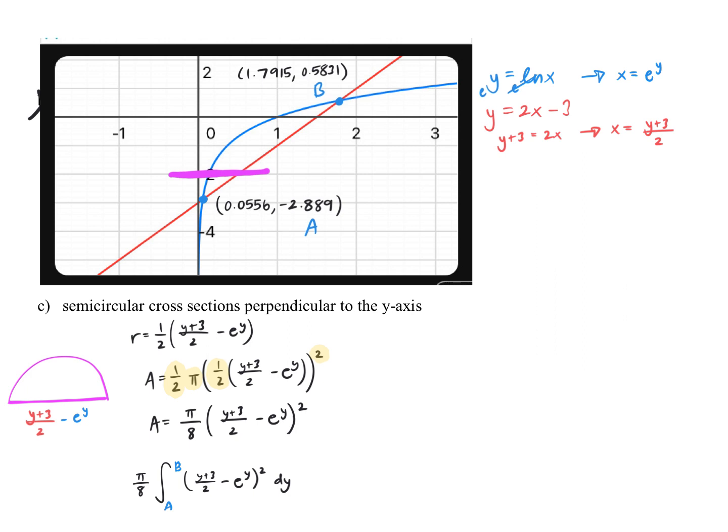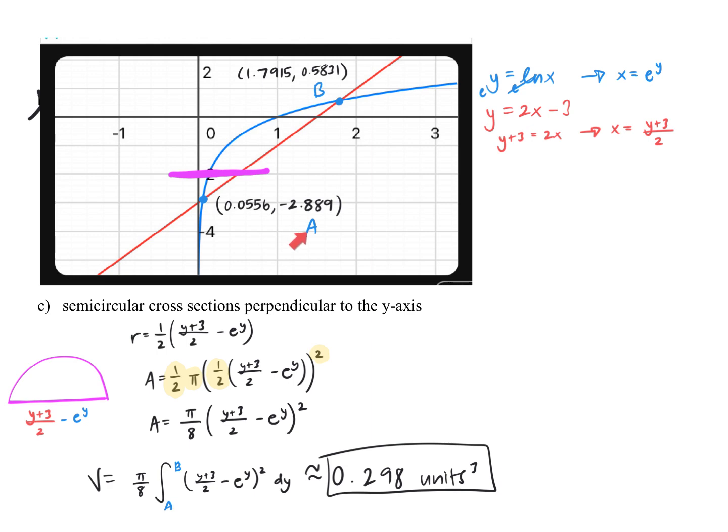So I'm going from my y value of negative 2.889 up to the y value of 0.5831. If you plug those numbers into your integral, you will find that your volume is approximately 0.298 units cubed.